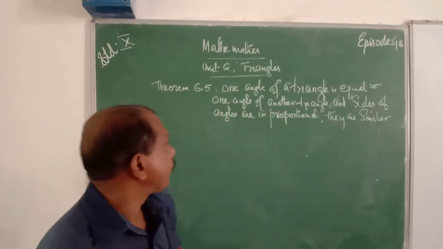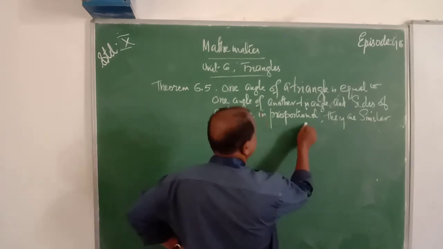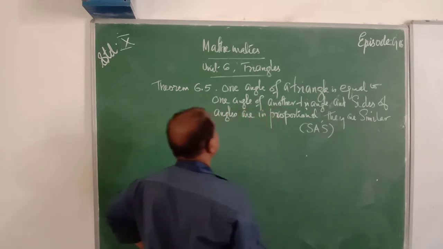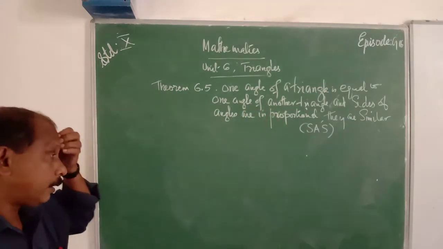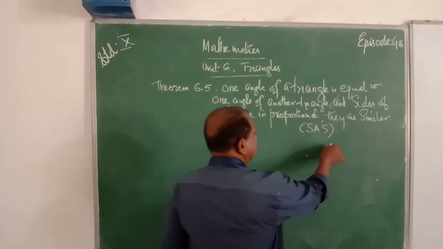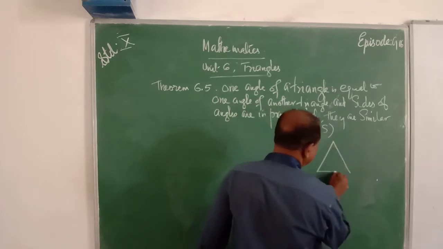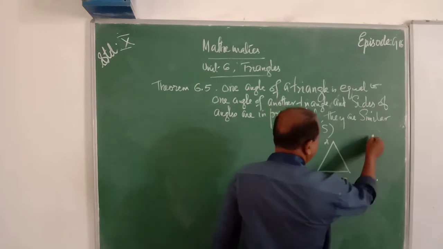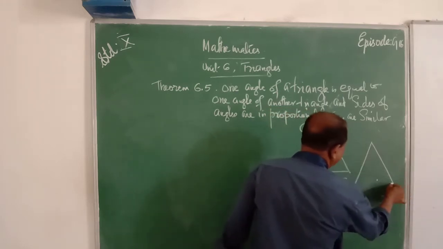This property is known as the SAS criteria of similarity, that is, side-angle-side criteria. In this case, let us consider two triangles ABC and PQR.